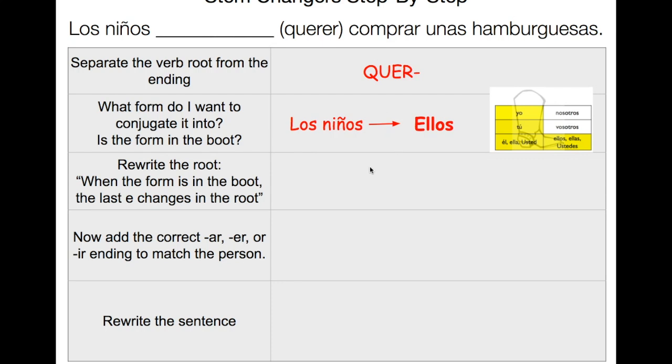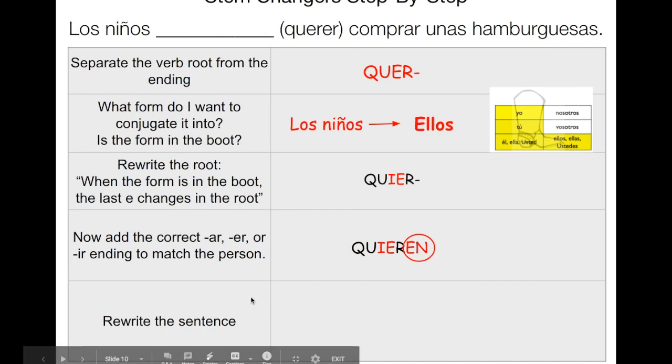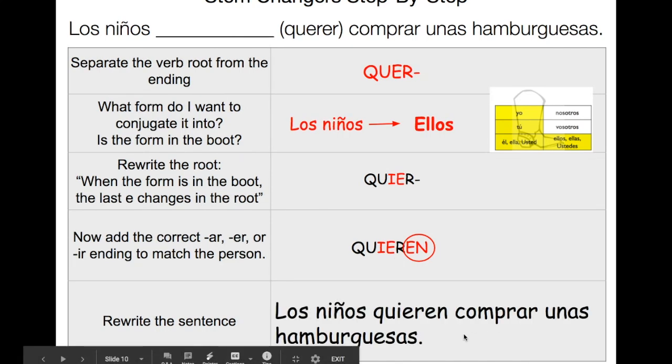Now rewrite the root with the stem change that happens. You have quier. This is your stem change. Now add the correct, in this case, ER ending to match the person. The person is ellos. The verb is an ER verb, so the ending for ER is n. So we have the verb form quieren. Rewrite the sentence. Los niños quieren comprar unas hamburguesas. And this is your conjugation.